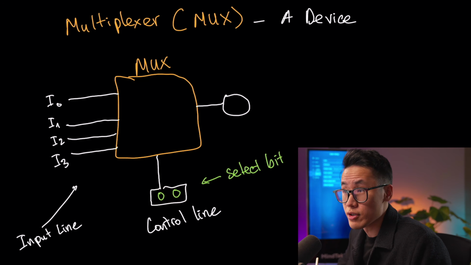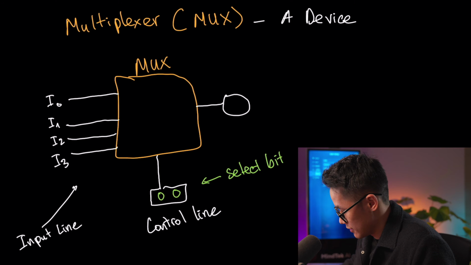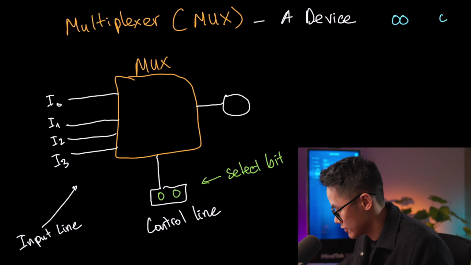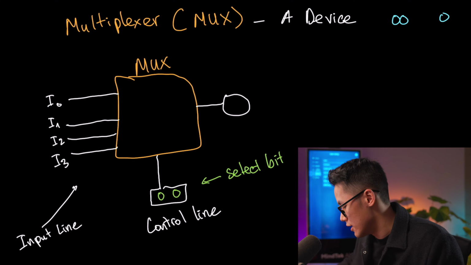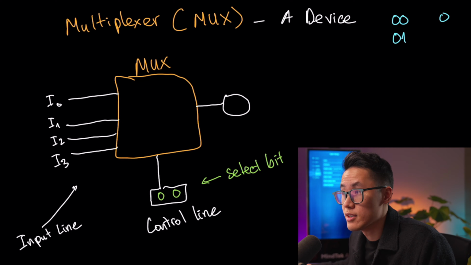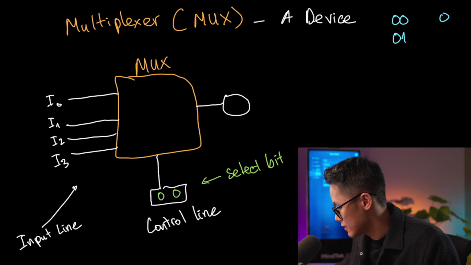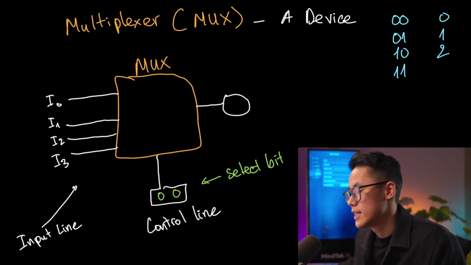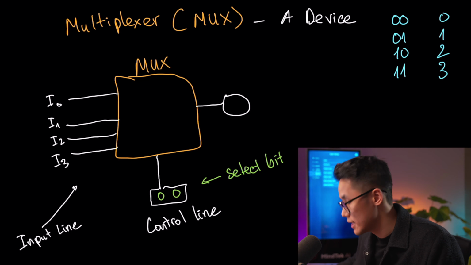0, 0, if you put it together, 0, 0 in binary is 0 in decimal. If you have 0, 1, the binary number 0, 1, this is 1 in decimal. If I have 1, 0, it is 2 in decimal. And if I have 1, 1, this is number 3 in decimal.